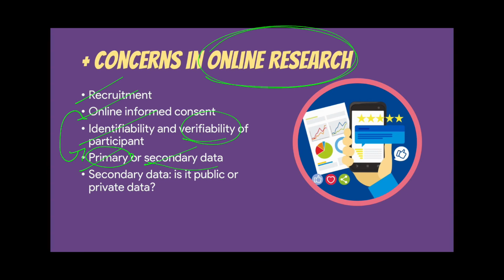But for secondary data, an example of research is when you want to check out the blog posts of a certain sports personality, or you want to look into Twitter posts, or Facebook posts that are already posted. So you did not collect this data. Instead, this data is already present in the social media, and you are just going to mine it for analysis. Now, these are secondary data.